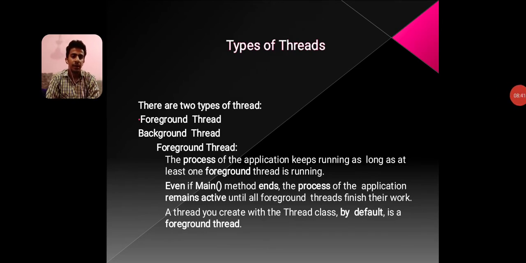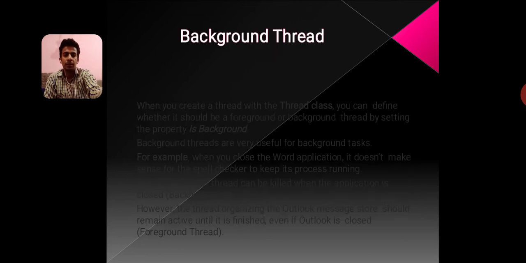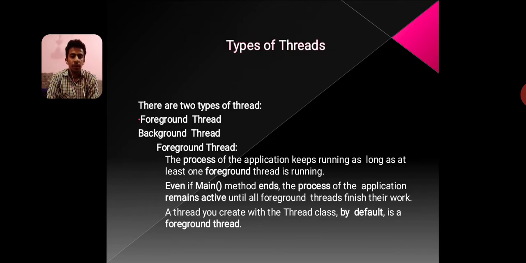Types of threads. There are two types of thread: foreground thread and background thread. Foreground thread: the process of the application keeps running as long as at least one foreground thread is running.